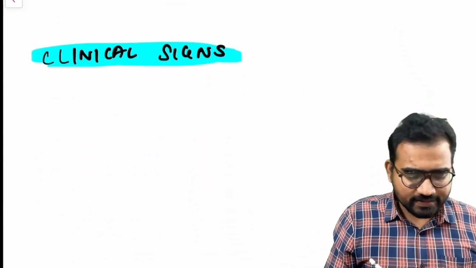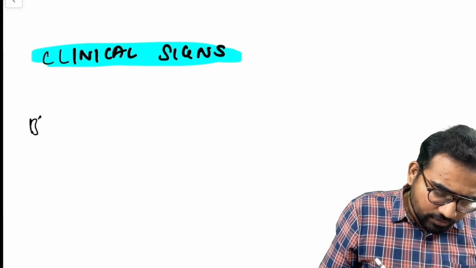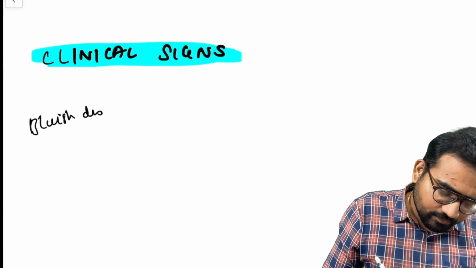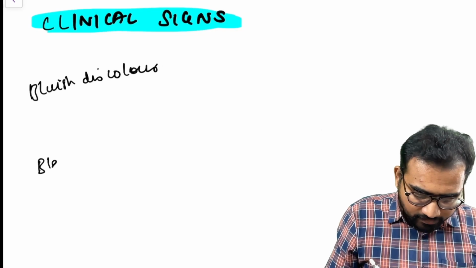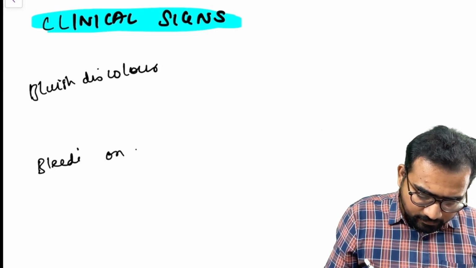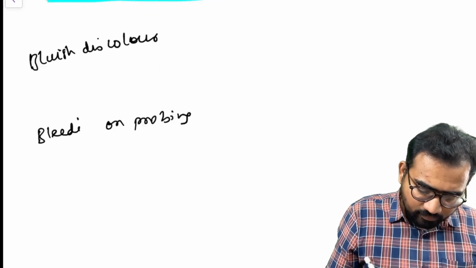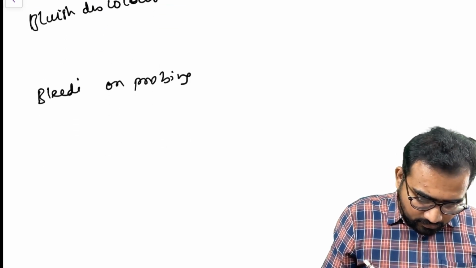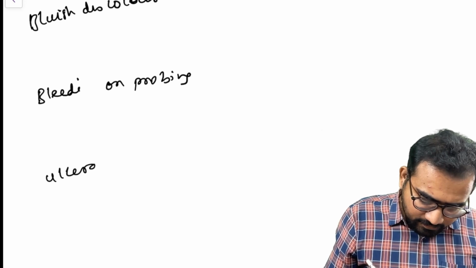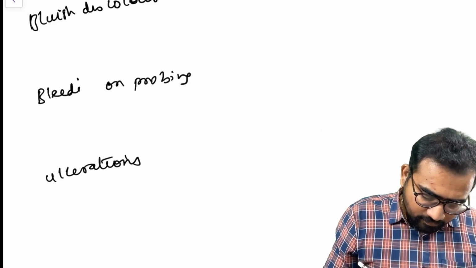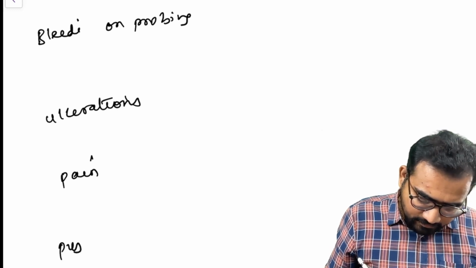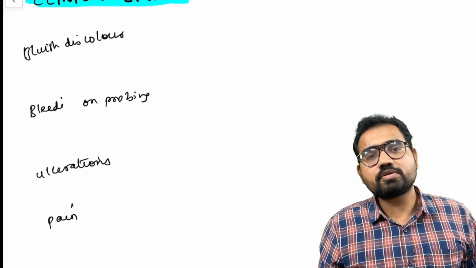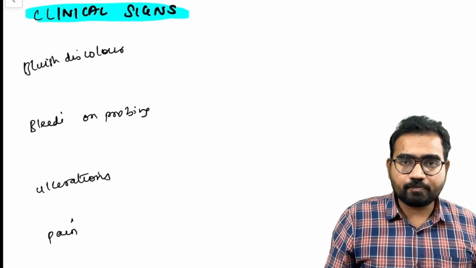Now clinical signs, if you see, there will be bluish discolorations, bleeding on probing, ulcerations, pain, pus. So these are all the few clinical signs which you see in pocket patients.